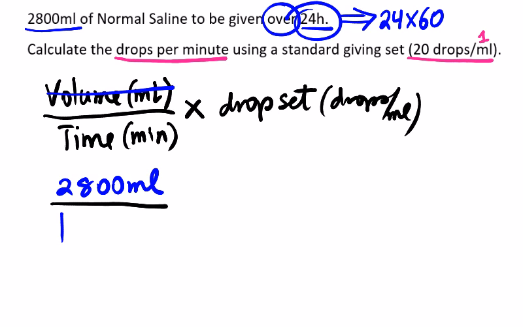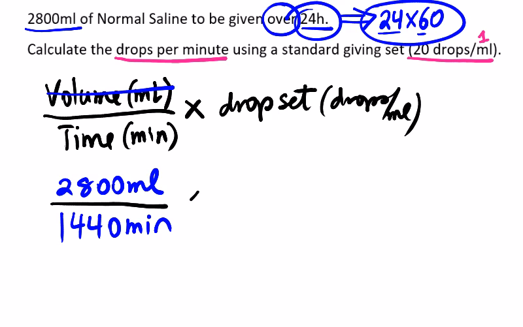So we could say this will be 1,440 minutes. Just doing that calculation, 24 times 60. We can even think 24 times 6 is 144, and then that's 0 because it's timesing by 10 as well.